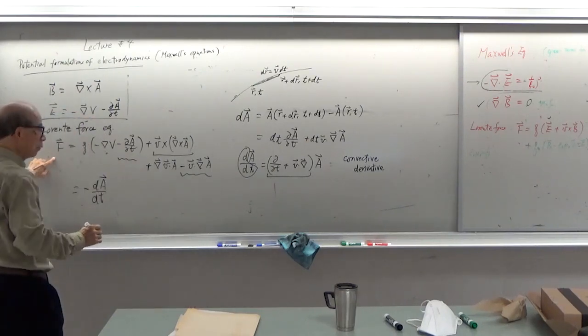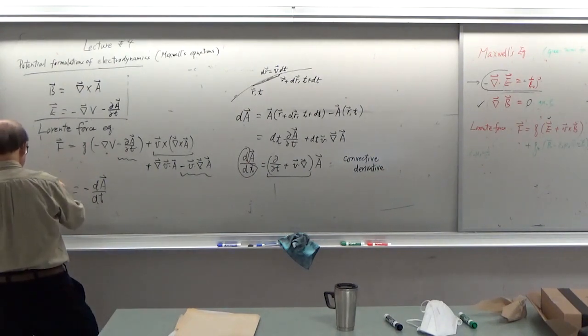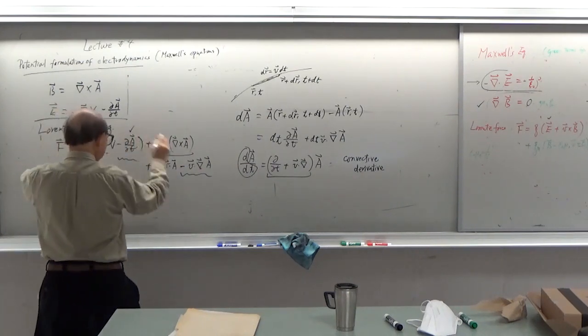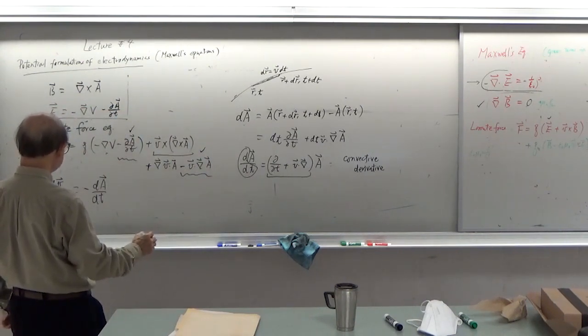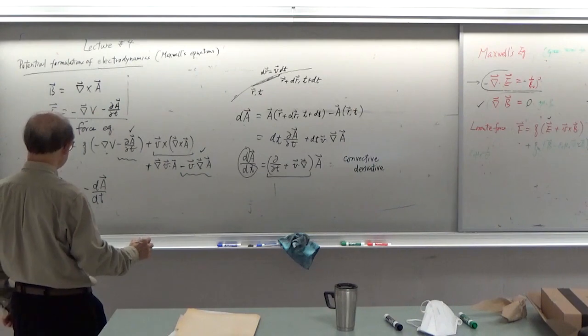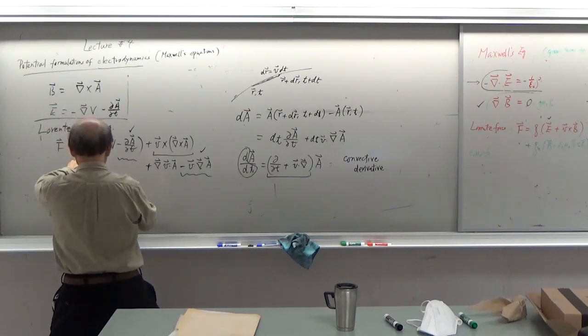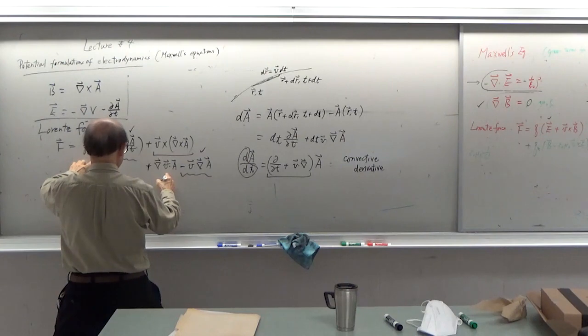And force, of course, is mass times acceleration, m dv/dt. So take care of this one, that one. Then I'm left with minus gradient of Qφ minus gradient of Q v dot A.